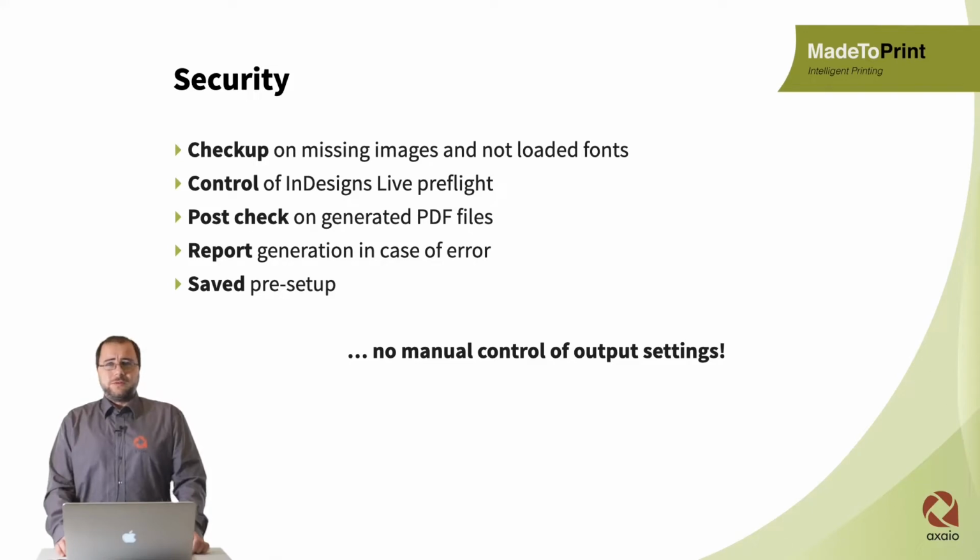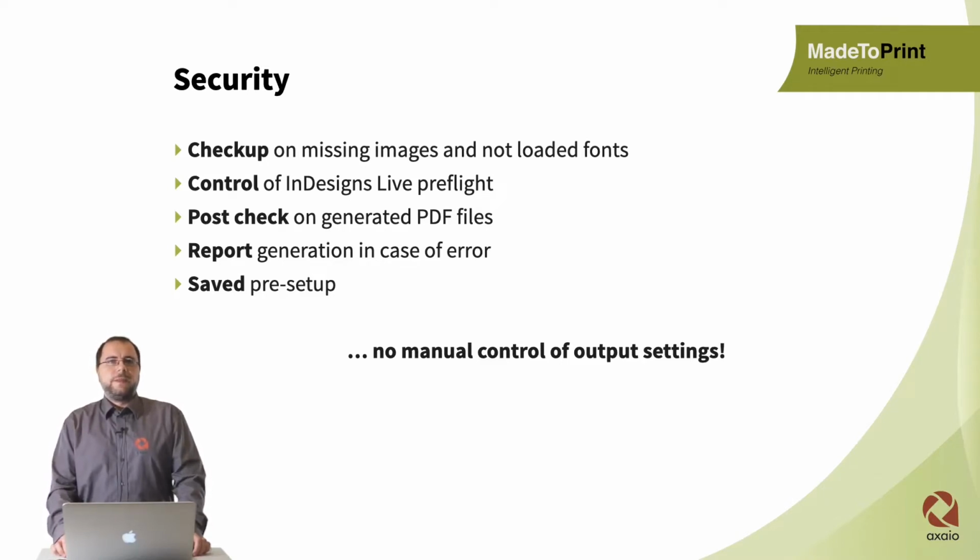MadeToPrint also secures the output, doing that by using preflight technology, using InDesign preflight, or using our own preflight to check if all fonts and images are available to the output process, for example. You also can do a post check, so preflight on your generated PDF file. That's one part where we use the pdfToolbox technology.